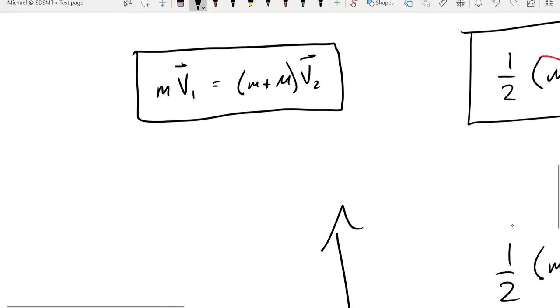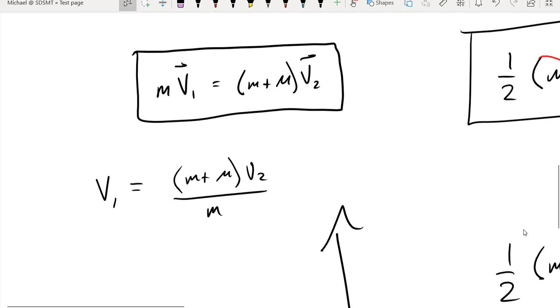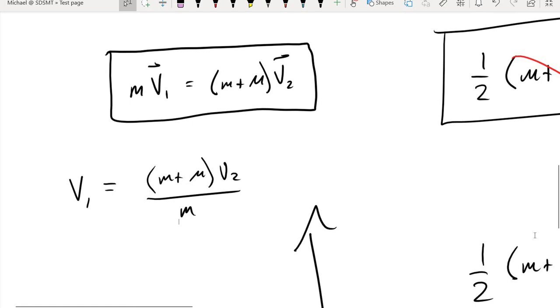And what we're going to see here is that the magnitude of the initial velocity of the bullet means taking all of the momentum that the bullet and the log had and cramming it back into just the bullet. So we have that combined mass of 5.01.